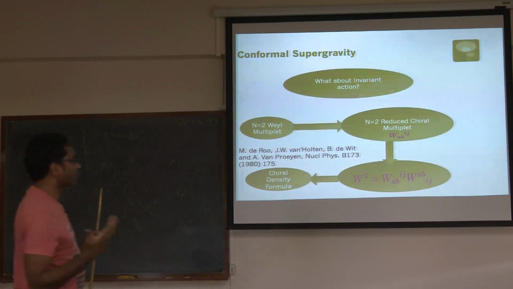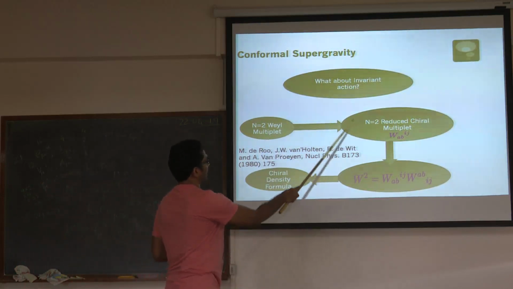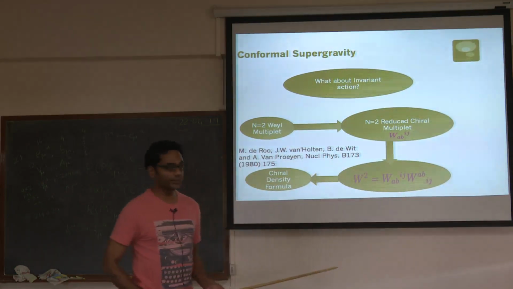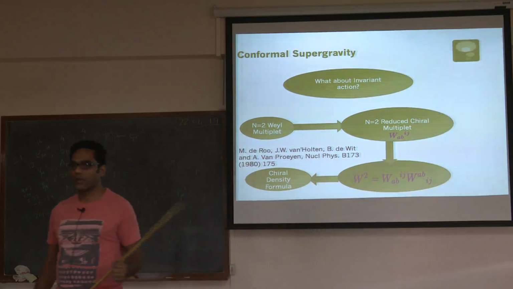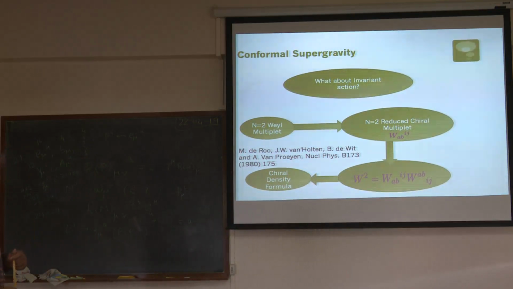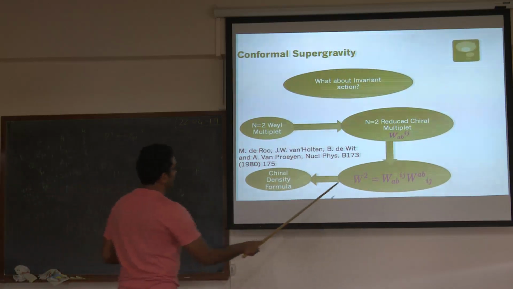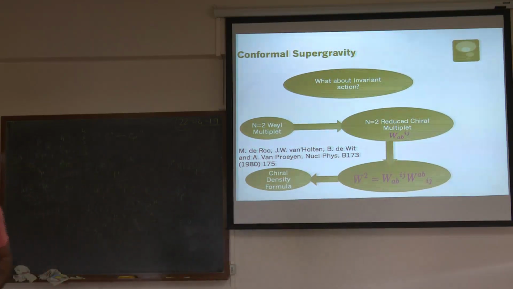So, there are some constraints that a reduced chiral multiplet obeys, and this n equal to 2 Weyl multiplet, you can actually make it into an n equal to 2 reduced chiral multiplet carrying some Lorentz index and SU2 index, where the lowest component of that multiplet will have Weyl weight 1 and the highest component will have Weyl weight 2. Then you basically square this reduced chiral multiplet, and what you obtain is another chiral multiplet whose lowest component will have Weyl weight 2 and the highest component will have Weyl weight 4.